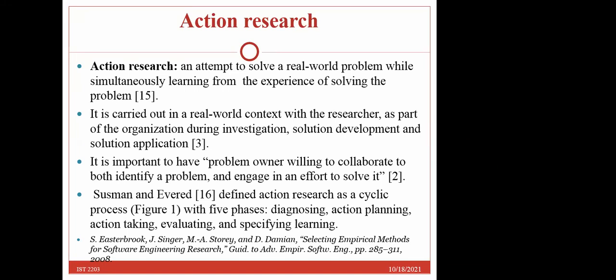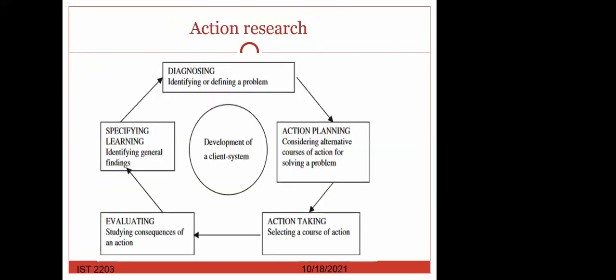Now, action research has steps. The first step is diagnosing the problem, then action planning what you're going to do, then action taking, implementing that action, evaluation, studying the consequences, and then you have a moment to specify the learning.